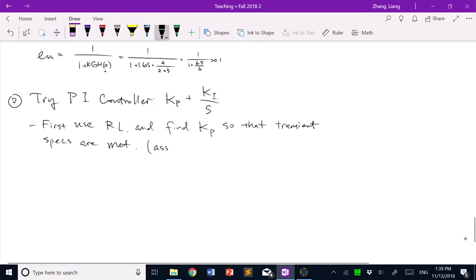And when we do that, assuming a P controller is used. So basically what we just did above.